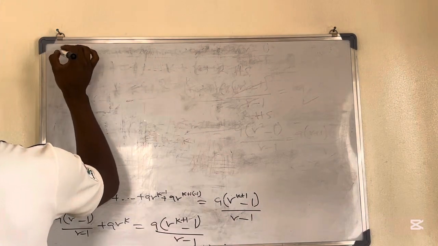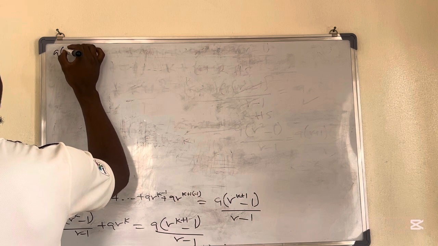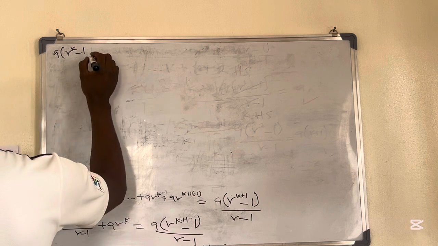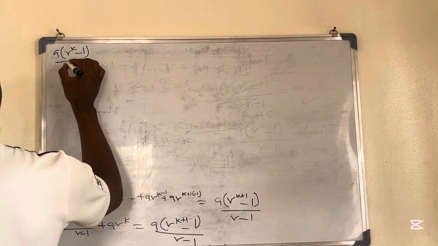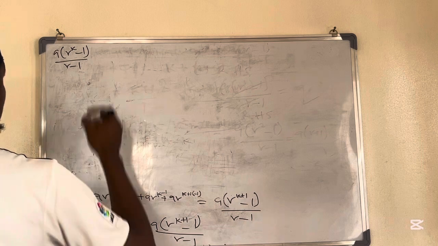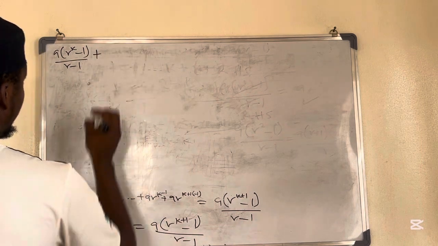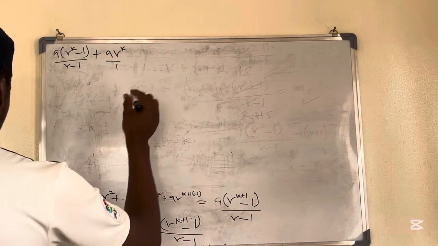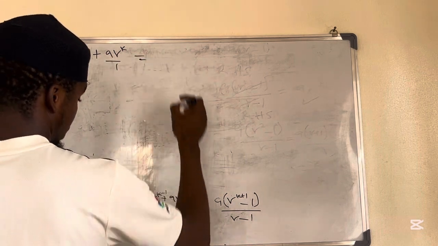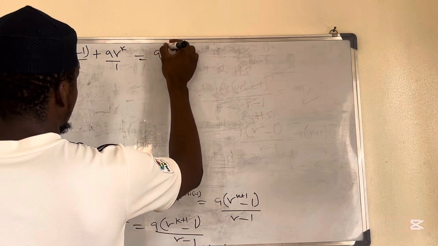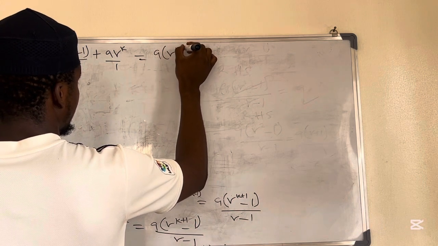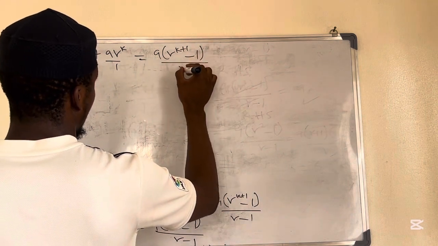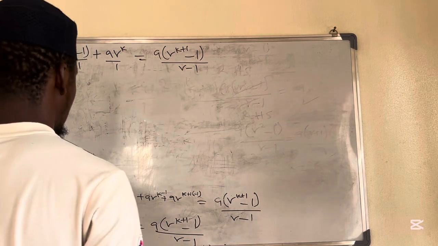We have a into r to the k minus 1 all over r minus 1 plus the term, which is equal to everything on the right hand side, a into r to the power of k plus 1 minus 1 all over r minus 1. Okay.